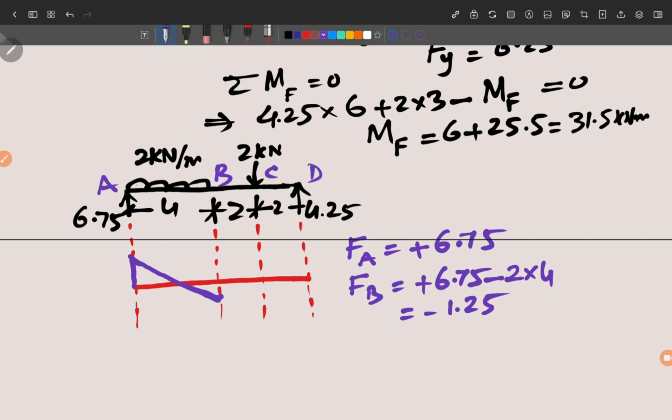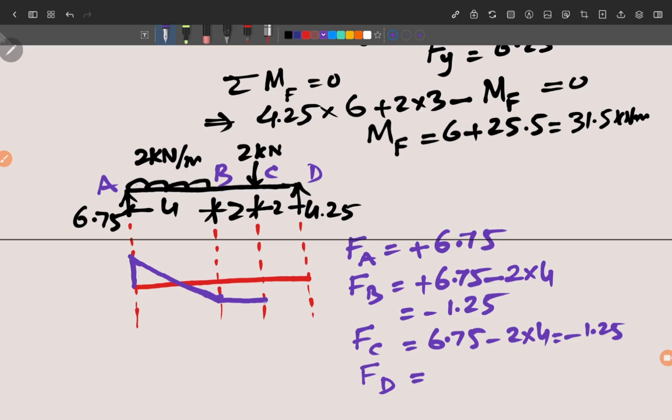Then after this point we come to C. In the case of BC, it will be the same, because we will not consider this load at point C. Just before point C, the value will be the same, 6.75 minus 2 into 4, which is minus 1.25. So it will remain constant up to point C. And then we come to this point D, and that is very simple, you can calculate it from the right hand side. So that value will be 4.25, or you can also calculate from the left hand side.